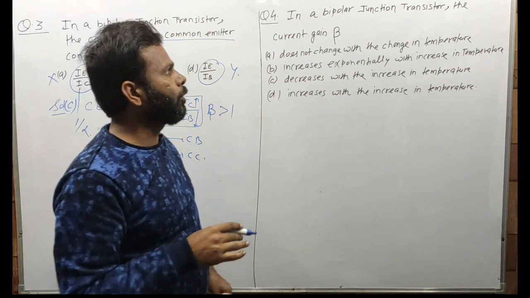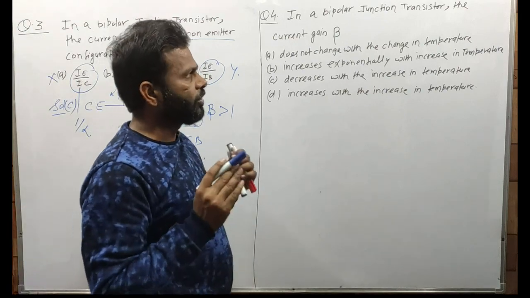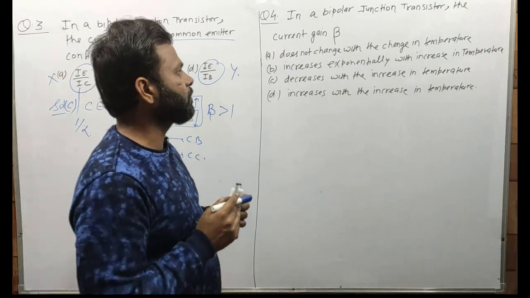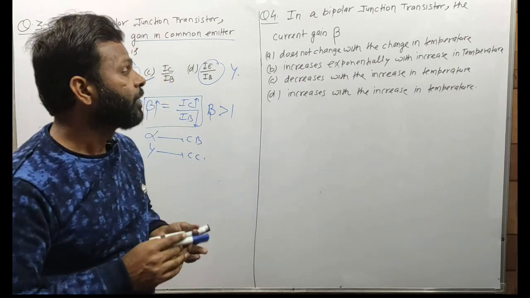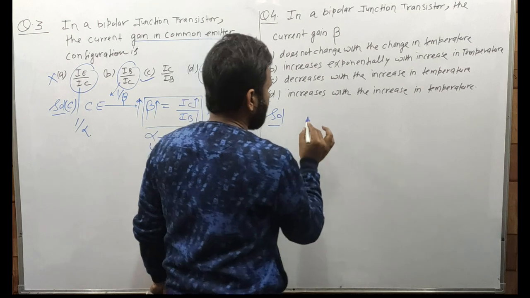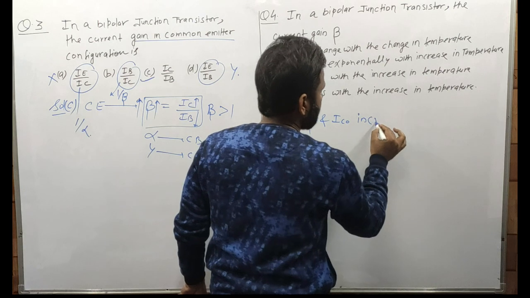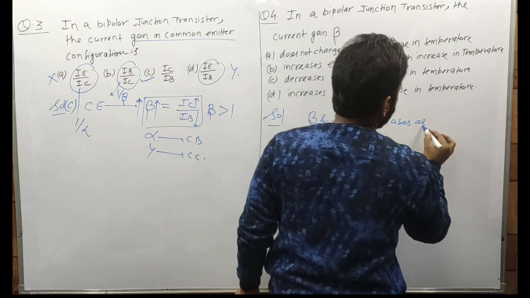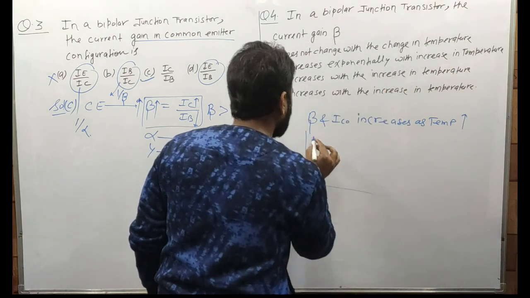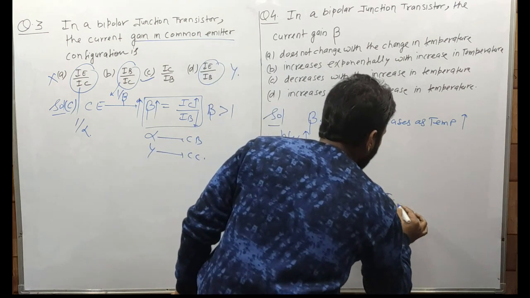Next question: in a bipolar junction transistor the current gain beta, first option, does not change with the change in temperature; increases exponentially with increase in temperature; C option है decreases with the increase in temperature; और last option है increases with the increase in temperature. तो अगर आपने सही से पढ़ा है then beta and ICO increases as temperature increases, and the graph is, the beta is also called hFE, or beta versus IC in microampere.